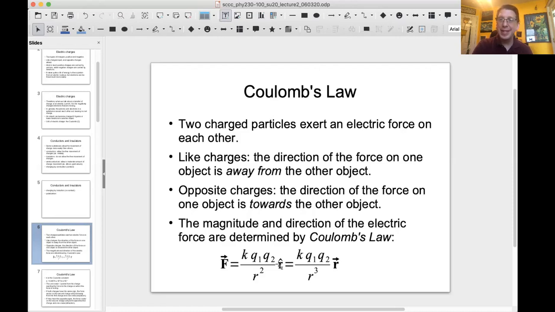And that means the force is in the inverse or the negative direction of R, which means that it points towards the object that's exerting the force. So again, you have attraction. So if Q1 times Q2 is positive, the force is acting away from the source of the force, or the source charge. And if the product of Q1 and Q2 is negative, the force vector points towards the source charge. So that's how you look at that.